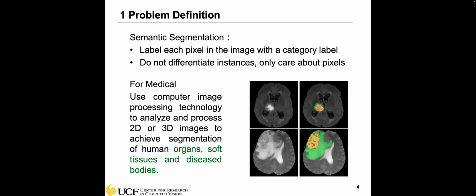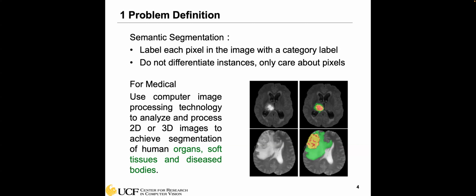Okay, so semantic segmentation is a very classic topic, a research problem that has existed for a long time in computer vision and image processing. The goal of semantic segmentation is to label each pixel in the image with a category label, right?